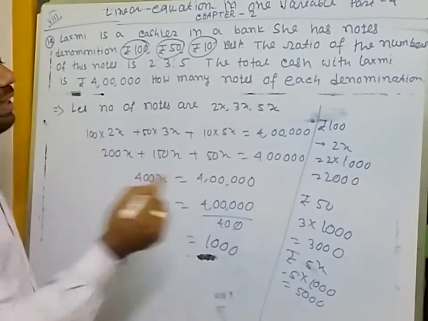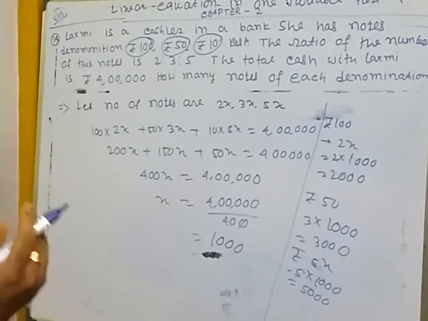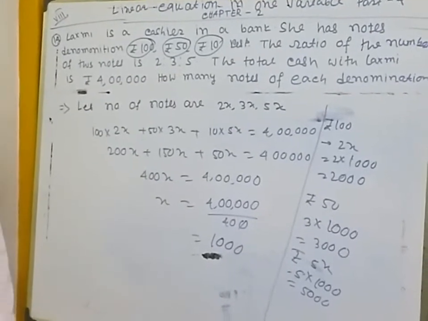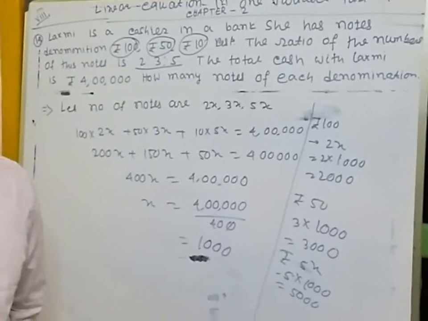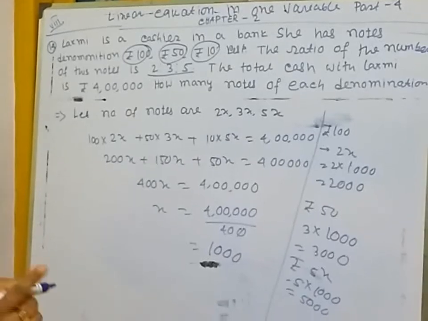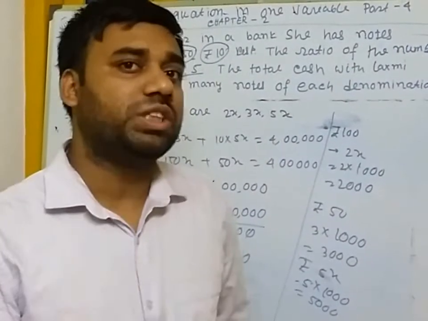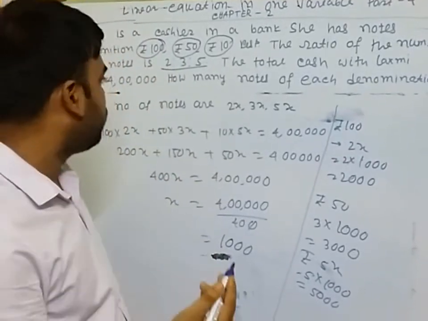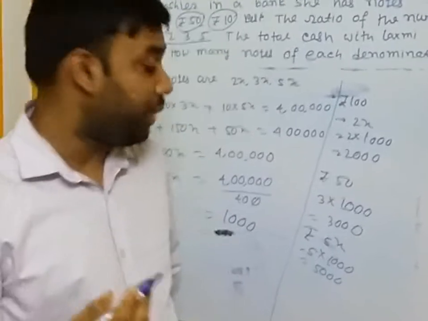The number of rupees 100 notes, rupees 50 notes and rupees 10 notes are in the given ratio 2:3:5. And we have to find how many notes of each denomination, that means how many notes of rupees 100, how many notes of rupees 50 and how many notes of rupees 10.